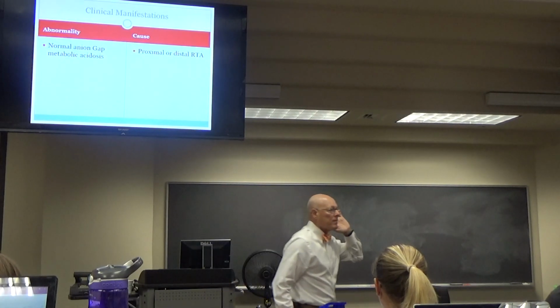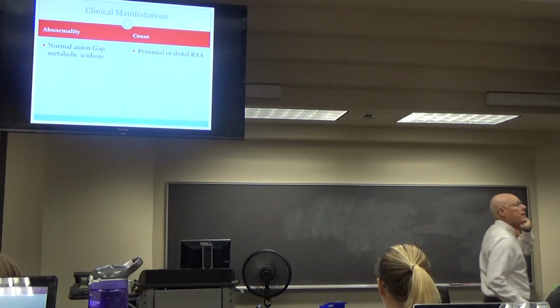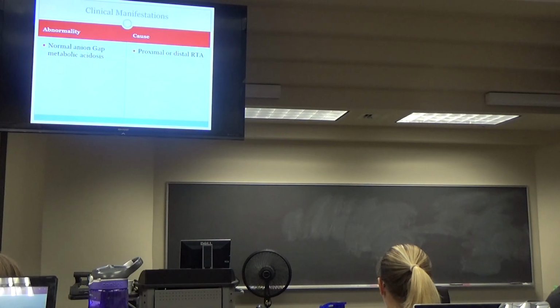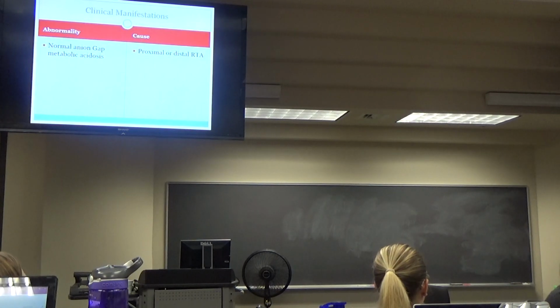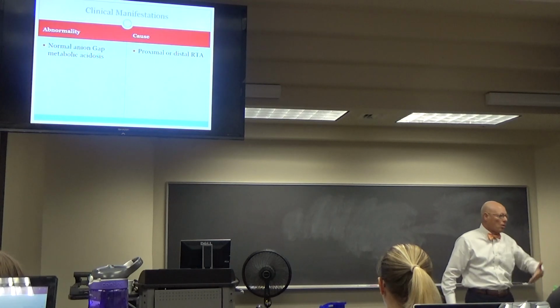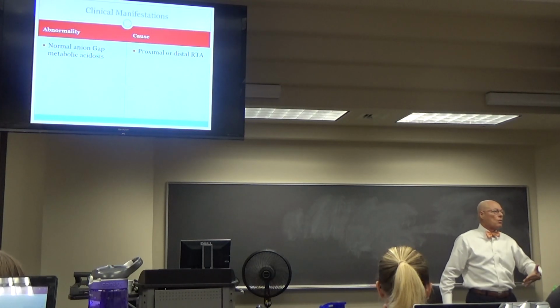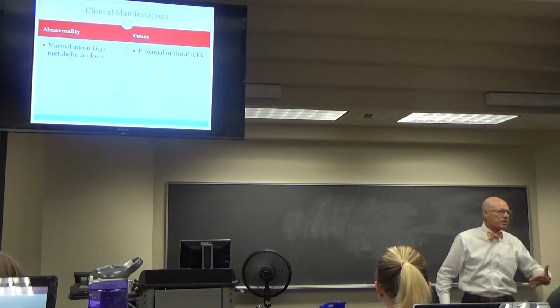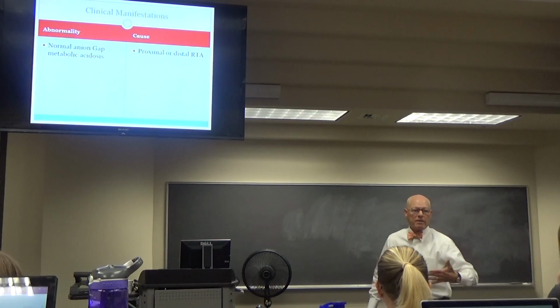Look at the CO2, which is really not CO2, it's bicarbonate. So you look at the serum bicarbonate on your blood test, and it's low. If it's low, the patient probably has an acidosis, right? They have a metabolic acidosis.